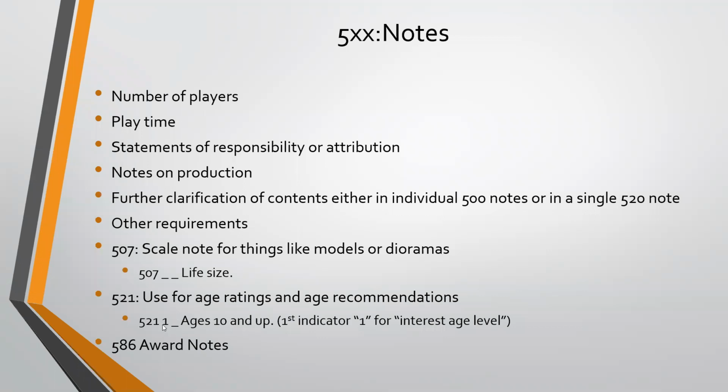You have 521, first indicator 1, second indicator 0, ages 10 and up. You've got your first indicator for age or interest age level. And then 586 award notes, always useful if you have something that's gotten an award.